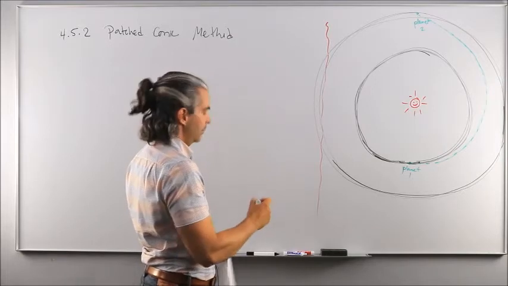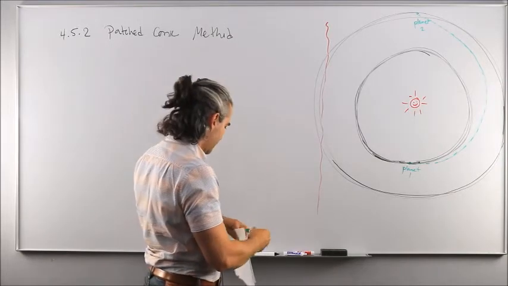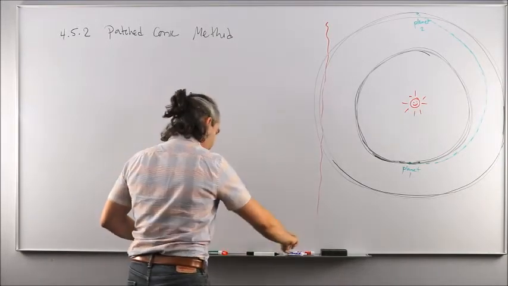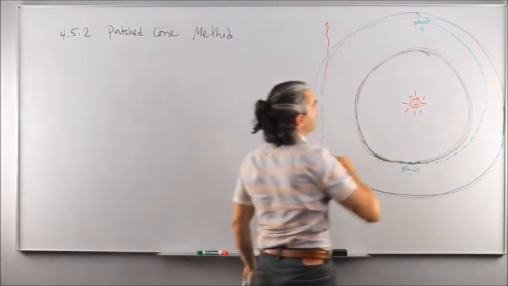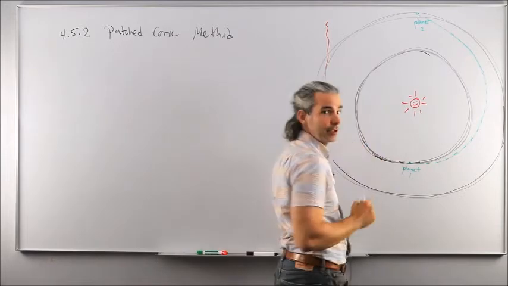But there's one other thing to consider here, and that is the timing. Because we don't just want to reach planet 2's orbit, but we want to reach planet 2 itself.